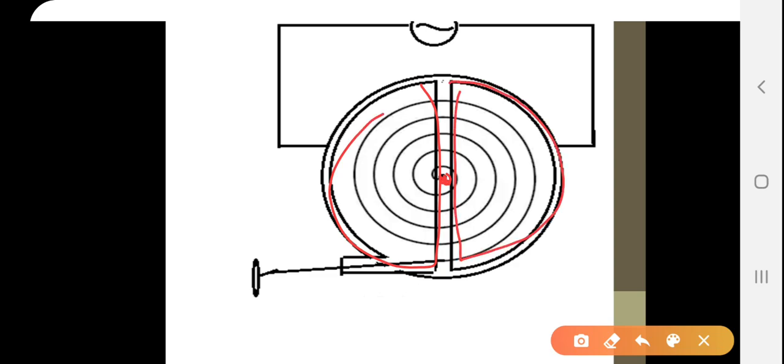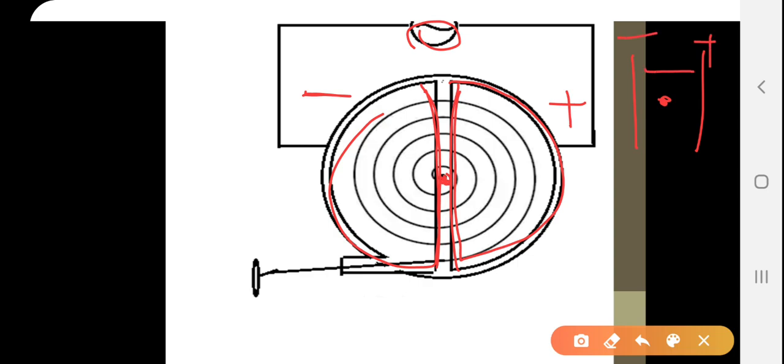Because this is connected with an alternating voltage, if this is positive, then this is negative.